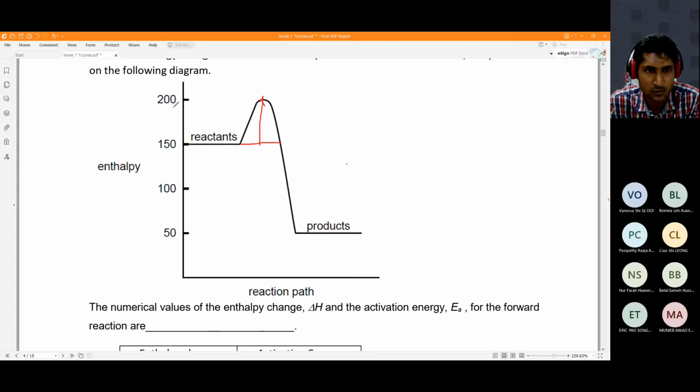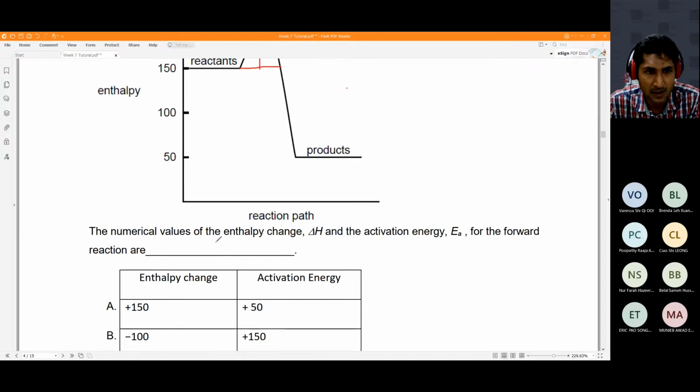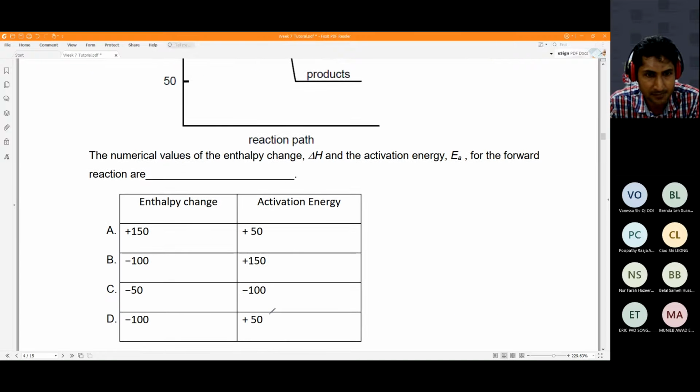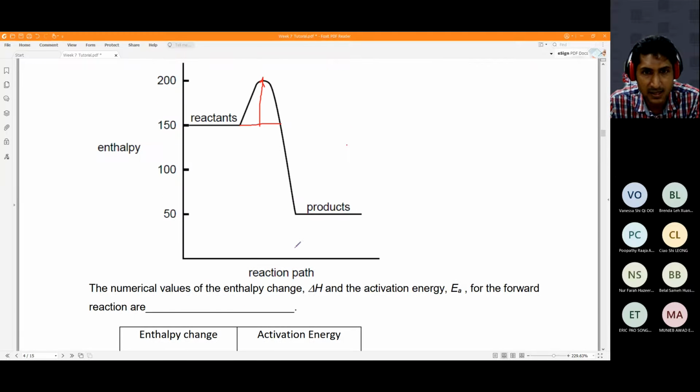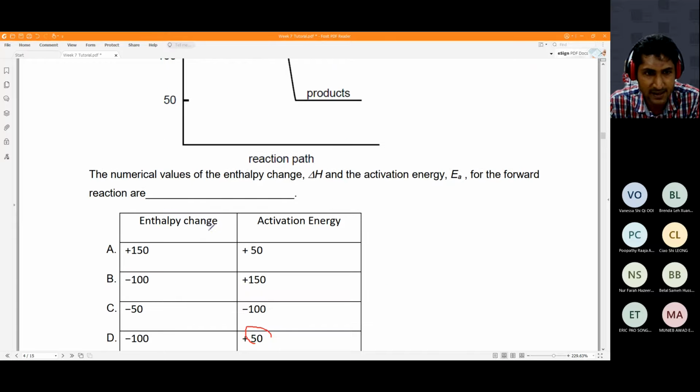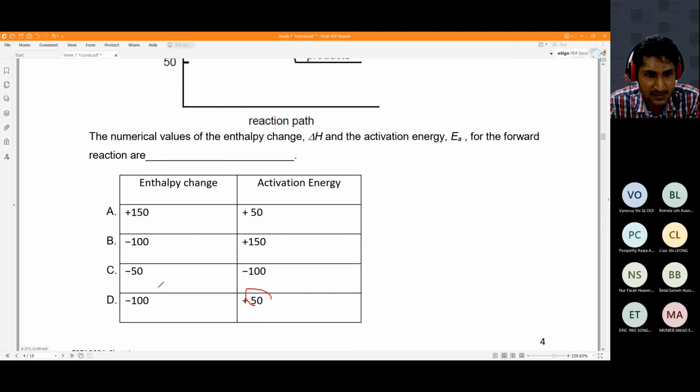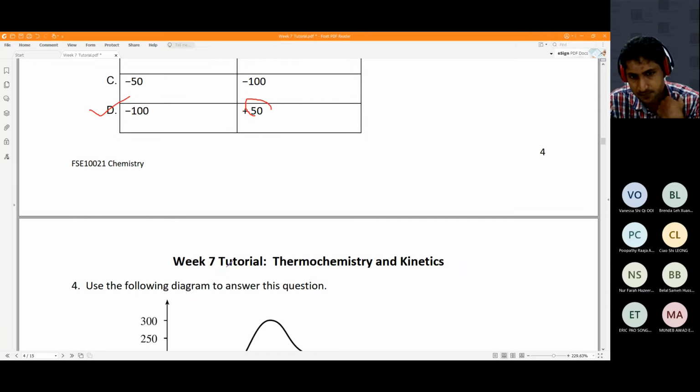We just have to do 200 minus 150, so it's plus 50. Activation energy is plus 50. And ΔH, the change of enthalpy, is 150 minus 200, which is negative 50. So D is the correct answer for this.